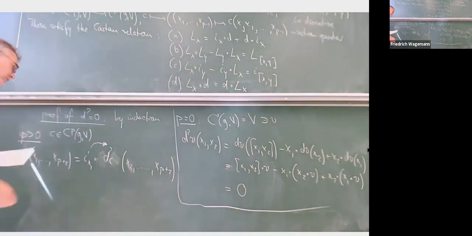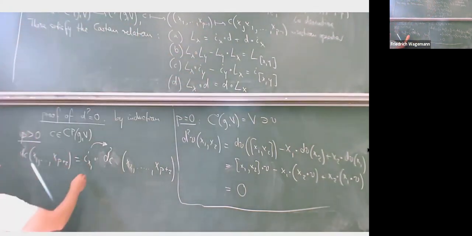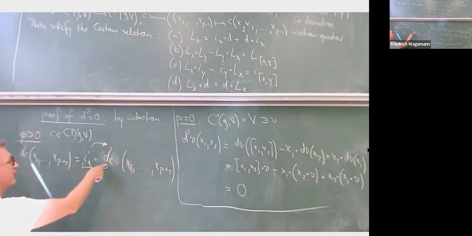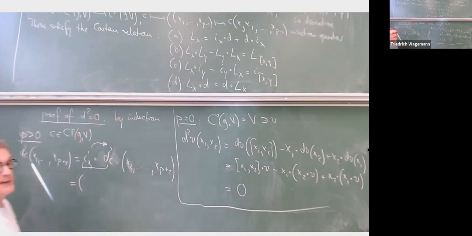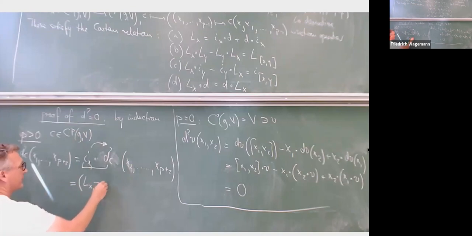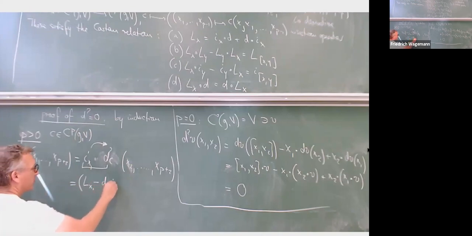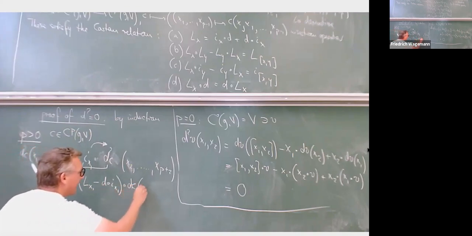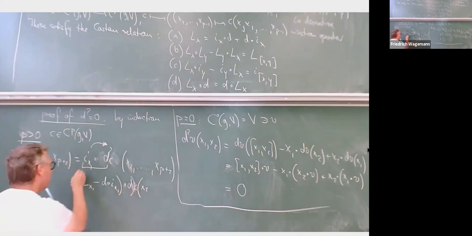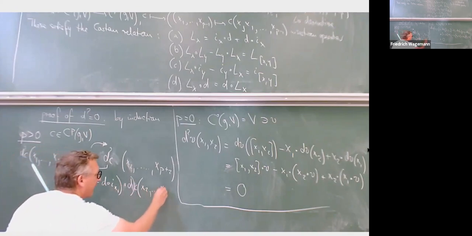So this is what we are going to do, because when you take together I_{x1} with the first d here, we can write it by property A, which you still see, as L_{x1} minus d composed with I_{x1}, composed with dC evaluated on x2 to x_{p+2}.